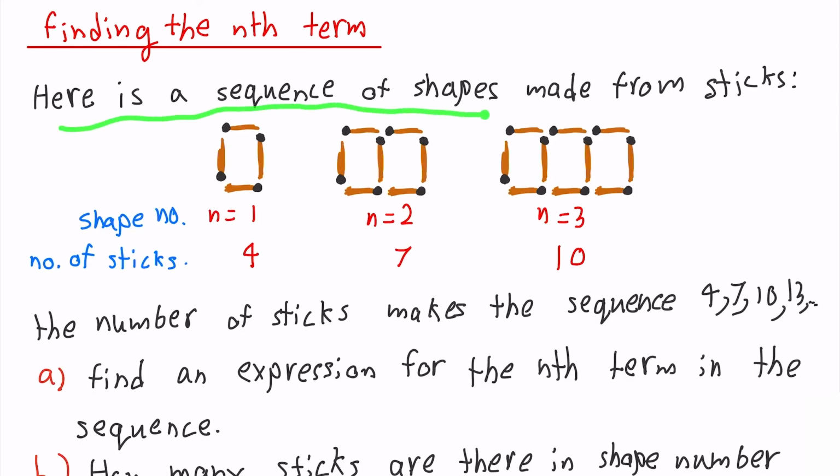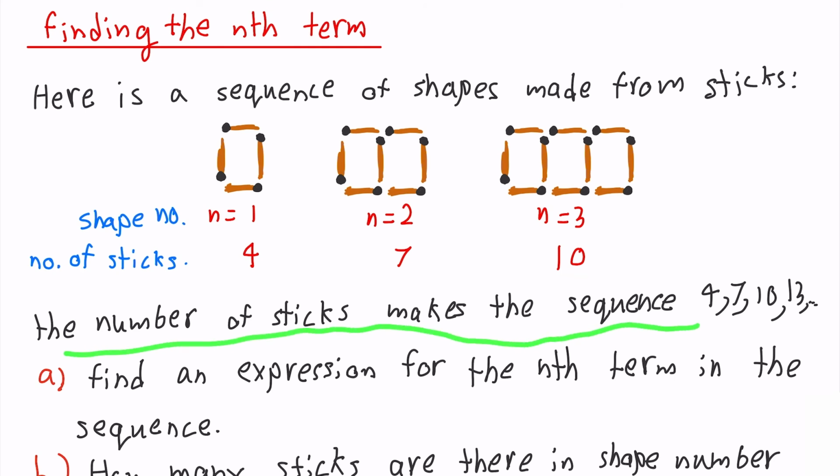Okay, let's do the second question. Here is a sequence of shapes made from sticks. Shape number 1, 2, 3, number of sticks 4, 7, 10. The number of sticks makes the sequence 4, 7, 10, 13, and so on. Question A is telling us to find an expression for the nth term in the sequence.